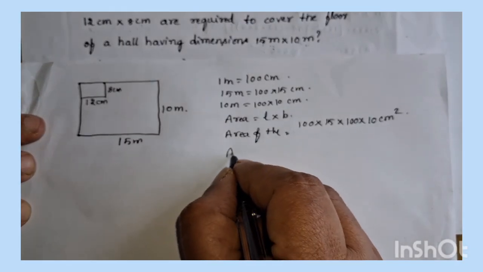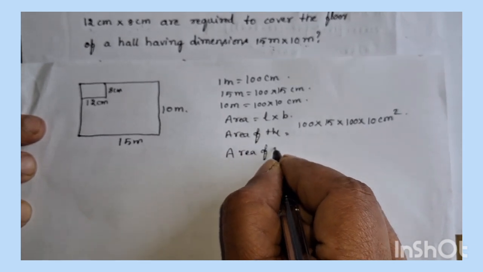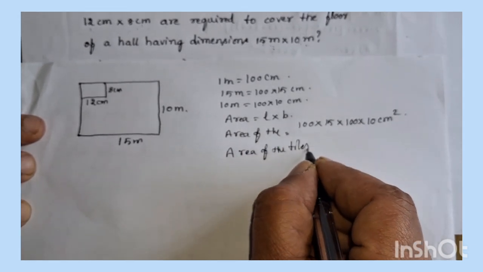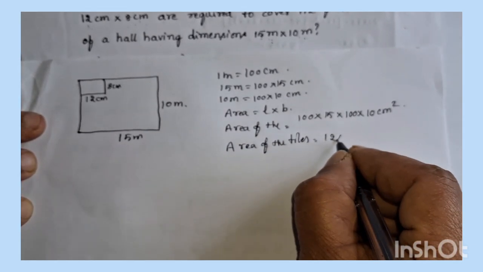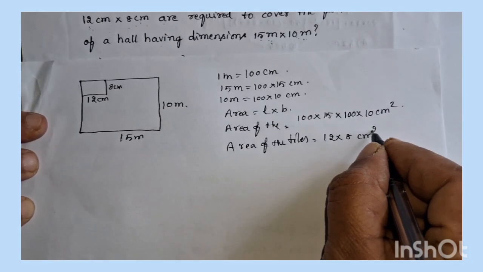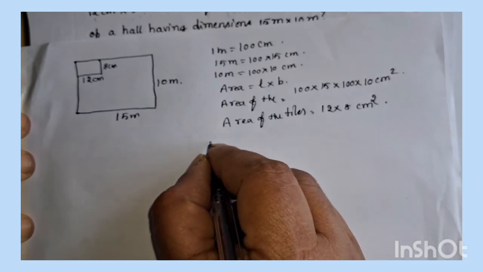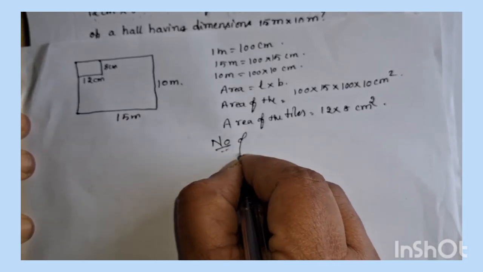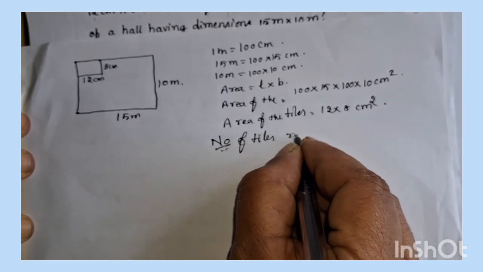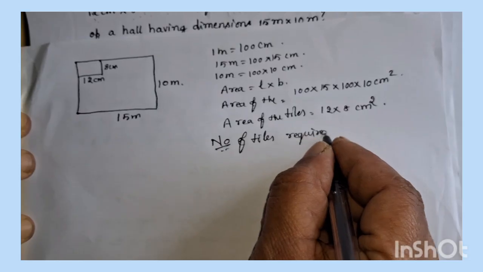Area of each tile is 12 into 8 square centimeters. We can calculate the number of tiles required using the formula area of the floor over area of the tile.